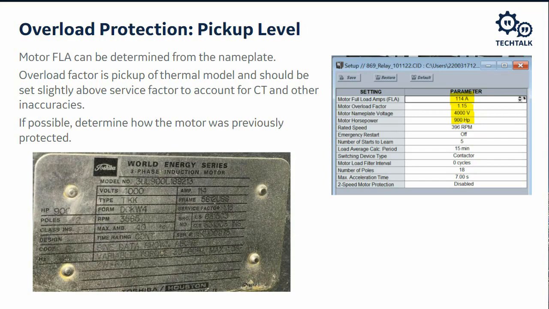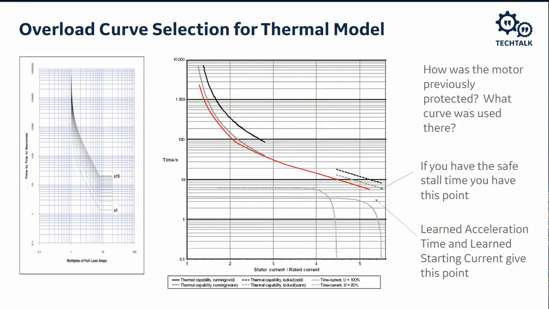So we've got some of the hardest settings set. Now we need to choose a curve, and that becomes a little bit more complicated. In an ideal world, what we would typically do is we would have these damage curves that are shown on the screen here. There's the stator hot damage curve at the top, and the stator cold damage curve at the top.